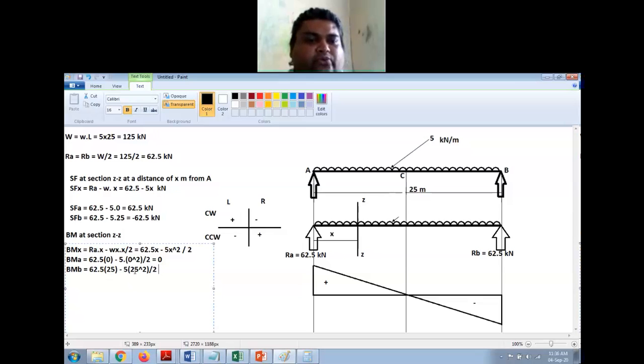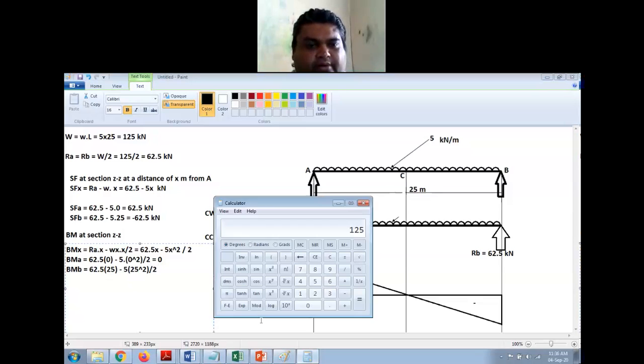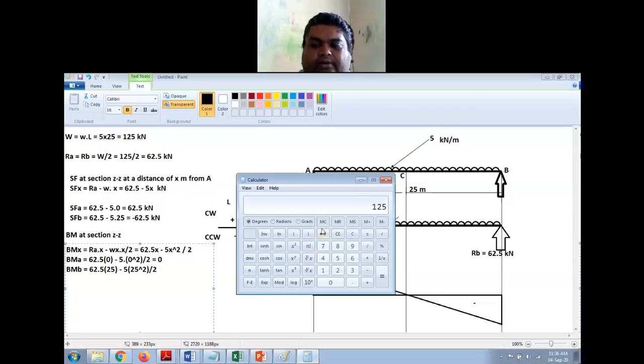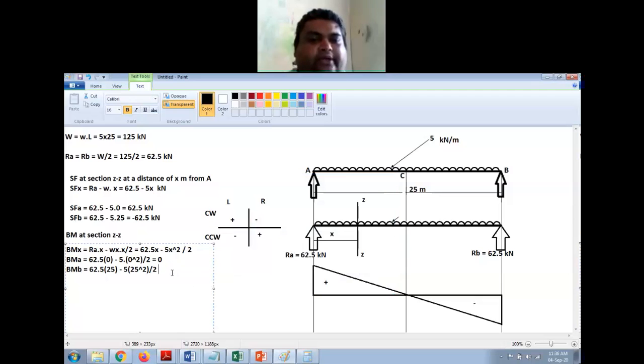Now 25 into 25 into 5 by 2, right, is this much, minus 62.5 into 25. So that will also become 0, right? So this is also equal to 0. So the bending moment at both the supports is 0.